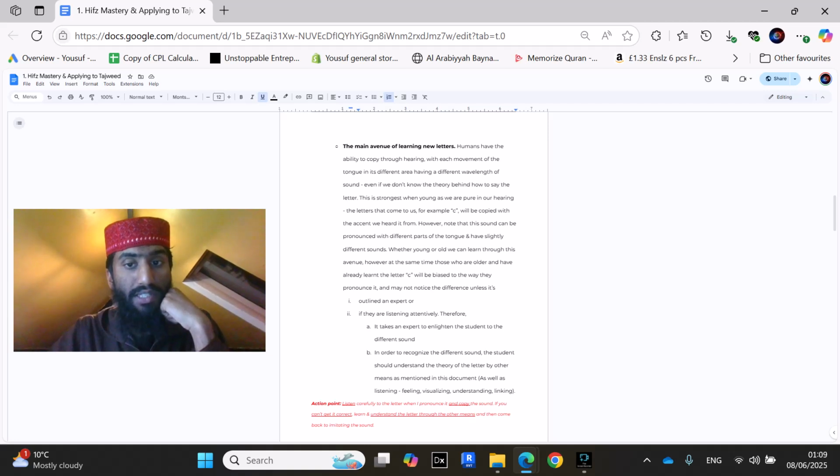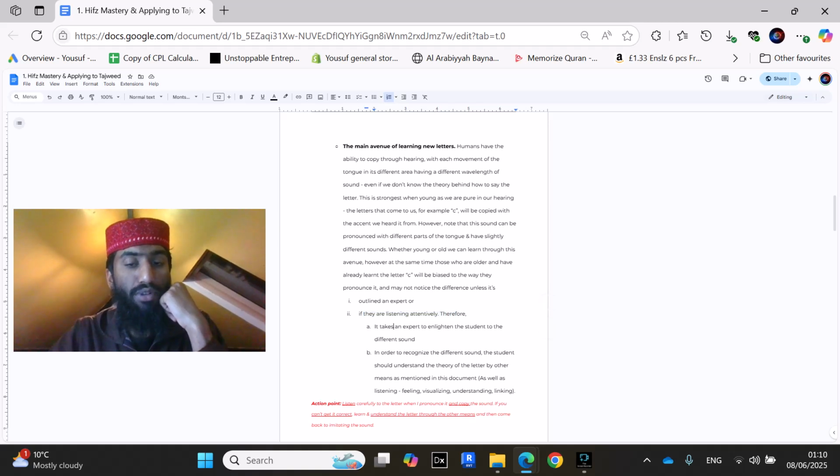However, at the same time, those who are older have already learned the letter C, for example, and will be biased to the way they pronounce it. So they might not notice the difference unless it's outlined by an expert, or if they're really listening attentively.